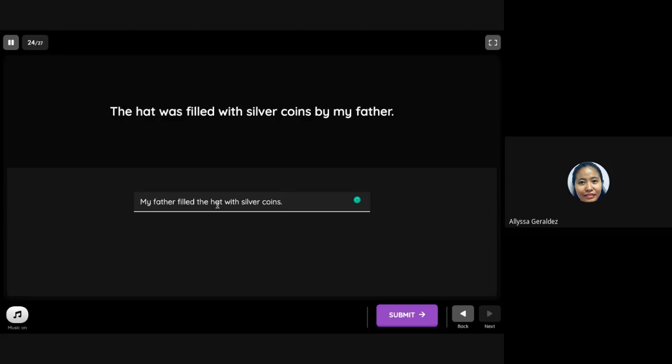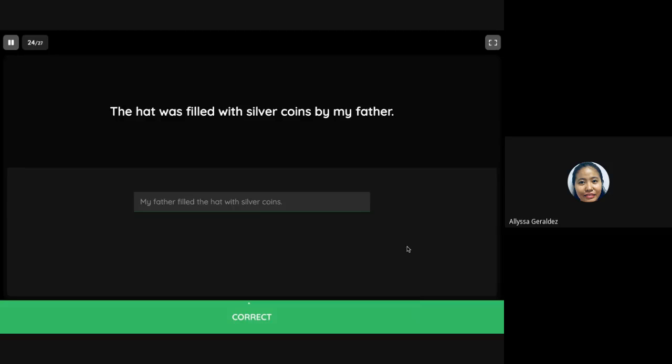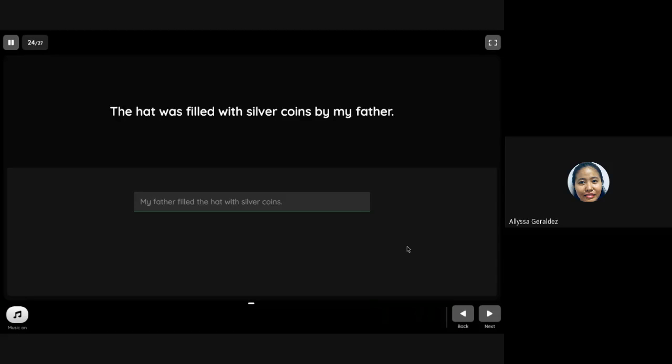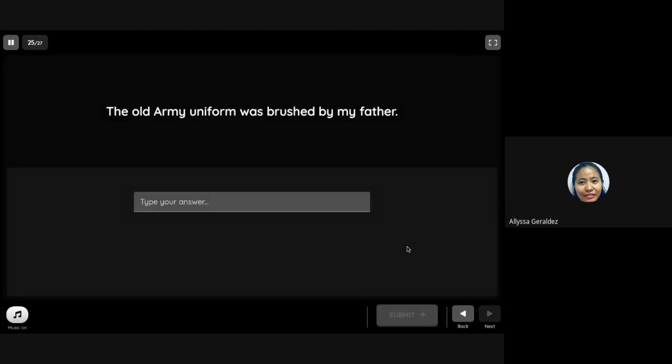Then, my father filled the hut with silver coins. I hope we got it right. Okay, congratulations.